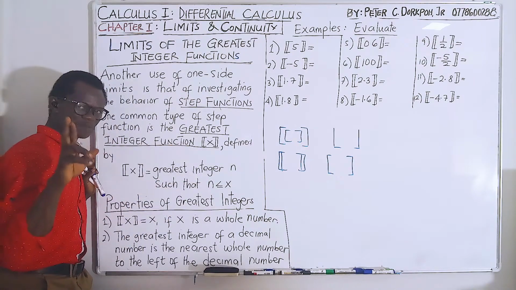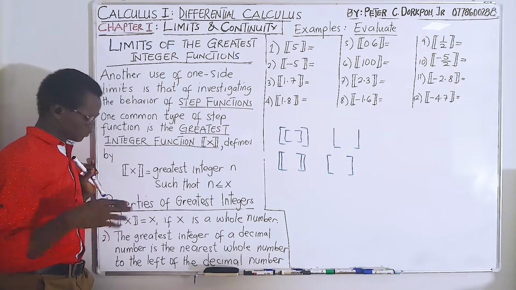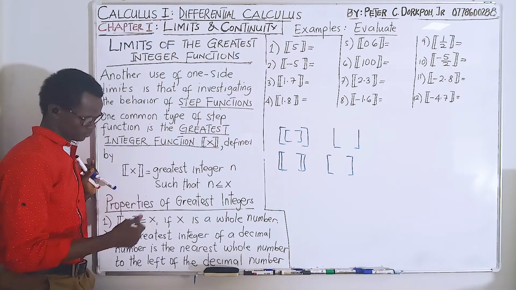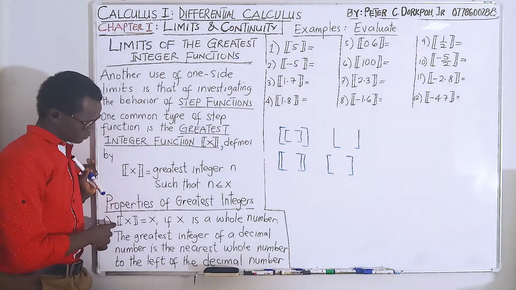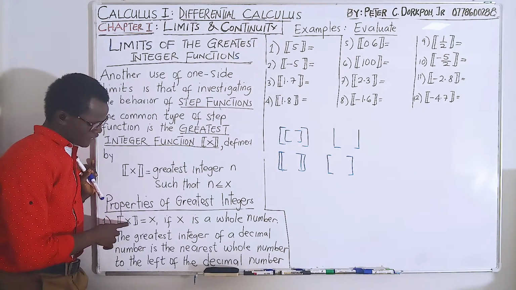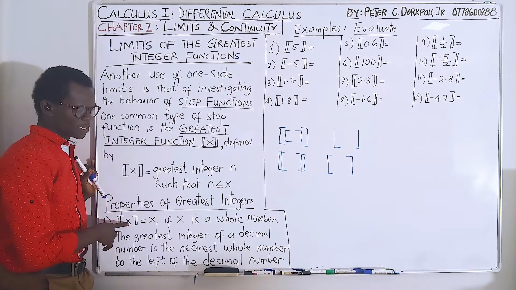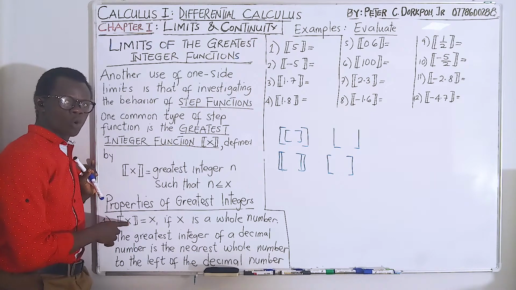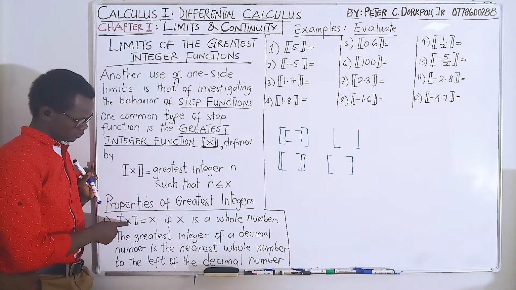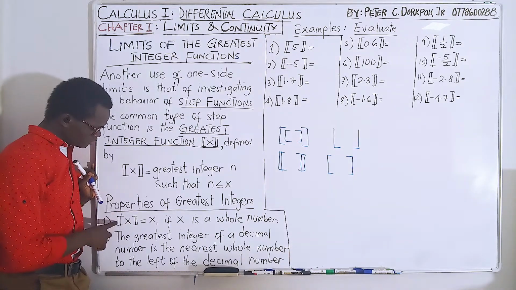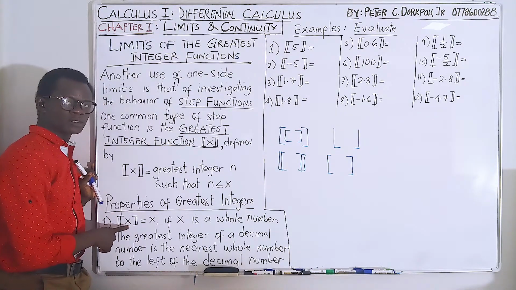Now there are two basic properties that we need to observe when it comes to greatest integers. One property is that if x is a positive whole number or a negative whole number, then the greatest integer of x is just equal to x.